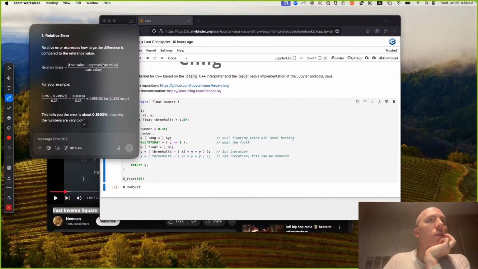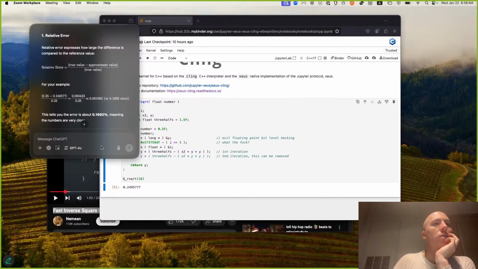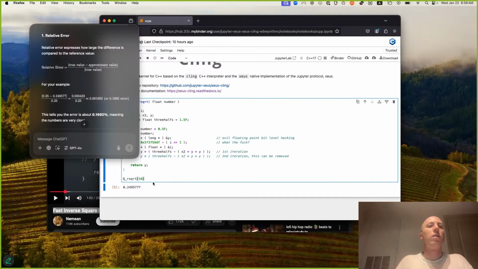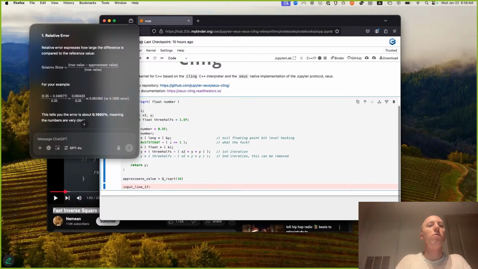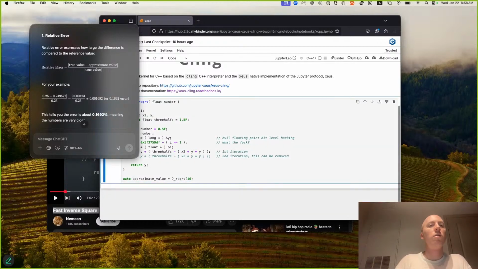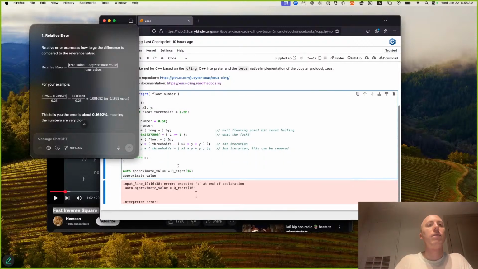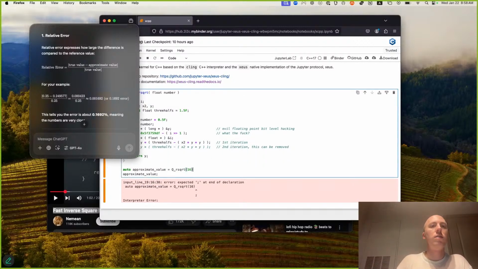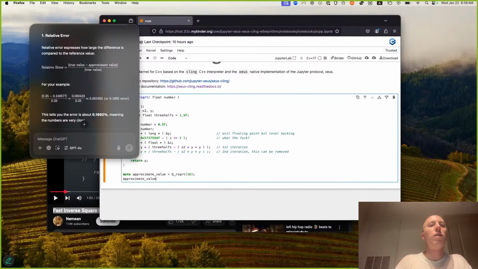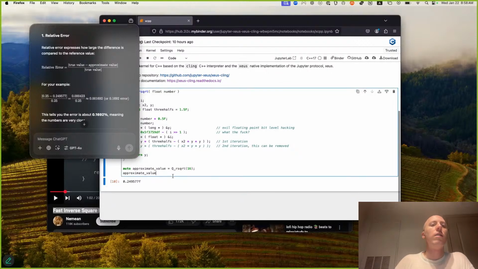So it's the true value minus the approximate value over the true value. So this is the approximate value. Need semicolons. Okay.